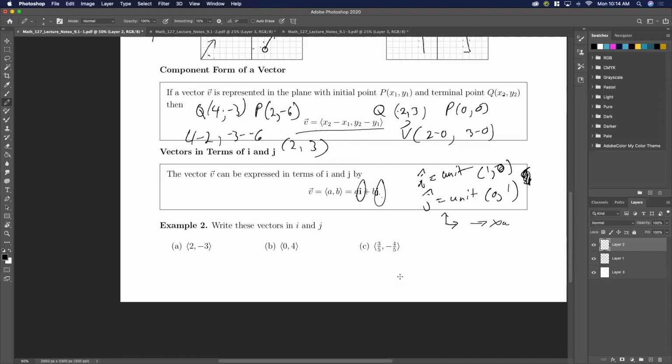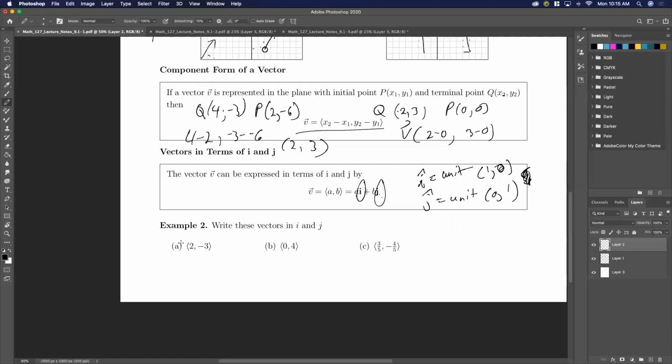J has a length of 1, and it goes along the y-axis. And then you'll have k in the z-axis. Usually you use ijk if you only have 3 dimensions. If you go to higher dimensions, you don't usually use it.